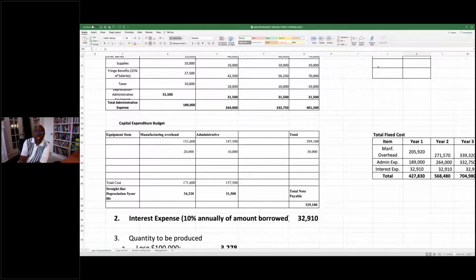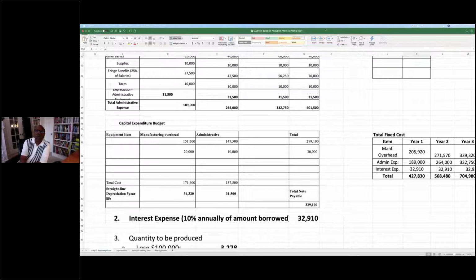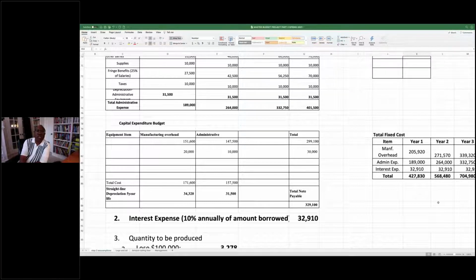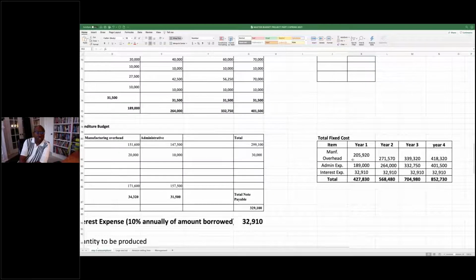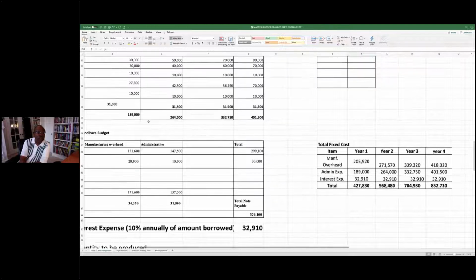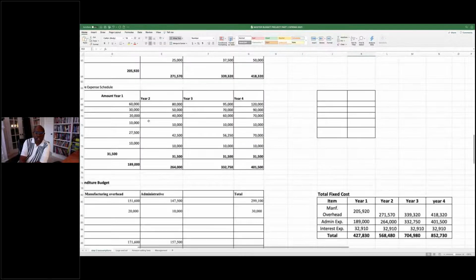So that became your fixed expense for interest. Then you picked up your administration and your manufacturing overhead.